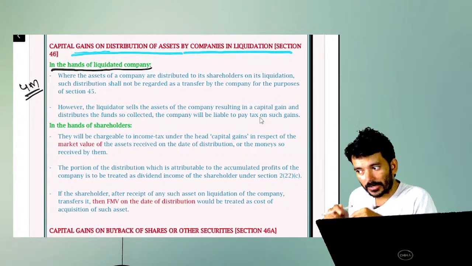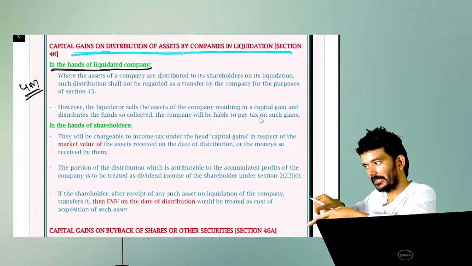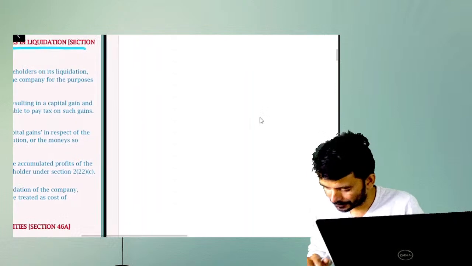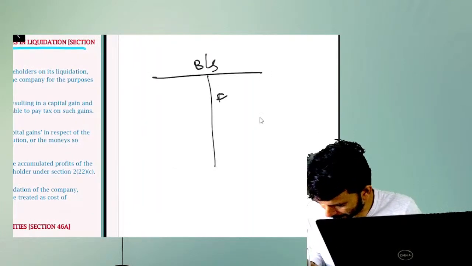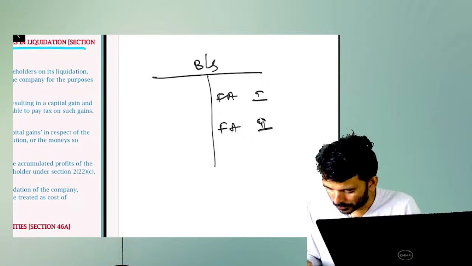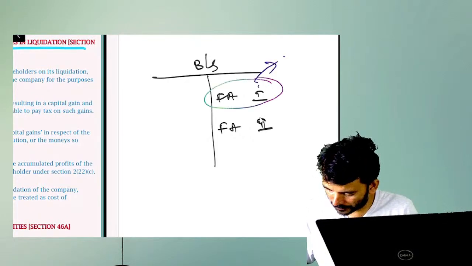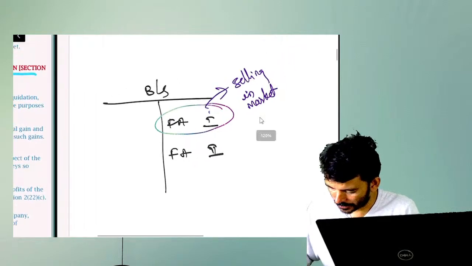But if the liquidator, instead of distributing to the owners, is selling off these assets in the market, he has to calculate the capital gain tax. I'll repeat. It's a balance sheet. We have fixed asset 1 and fixed asset 2, two fixed assets as an example. I am the liquidator. I am coming and selling off this asset in the market.